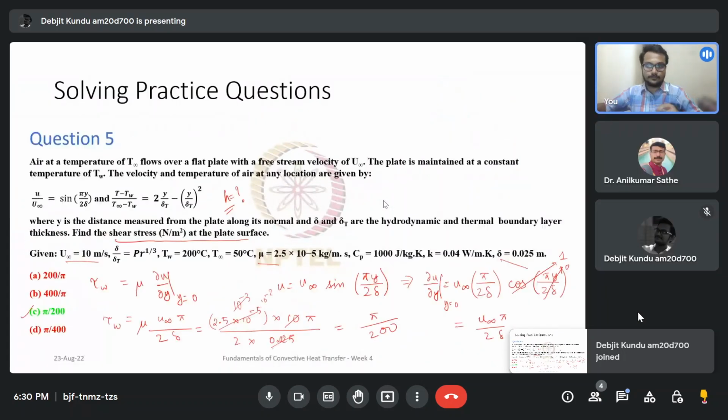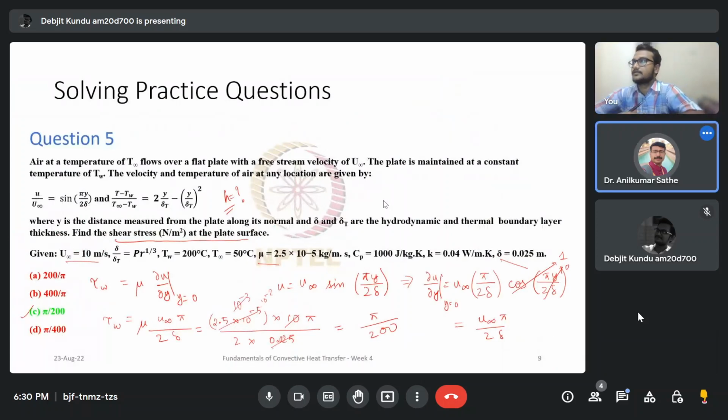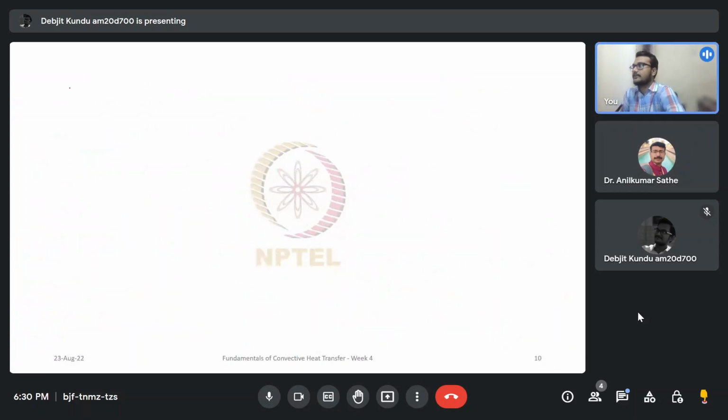Okay, I hope this slide is visible. Yes. If we have to find out h, how can we do that? h can be written as k into ∂T/∂y divided by A. Sorry, Q equals hA into ΔT, and this is equal to k into ∂T/∂y.